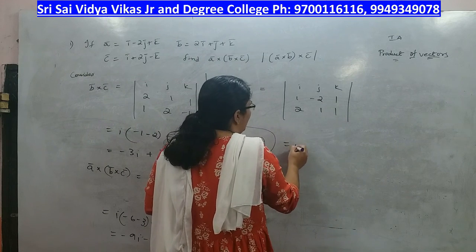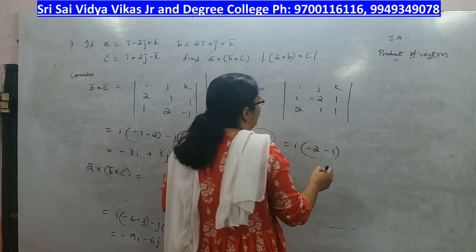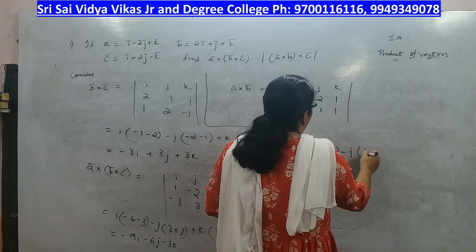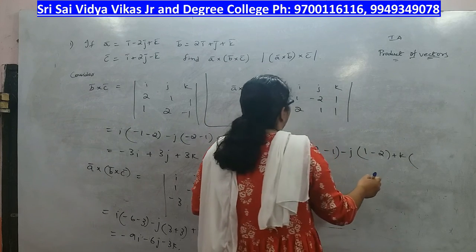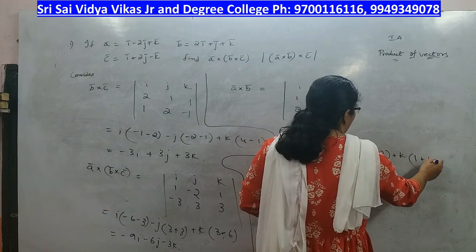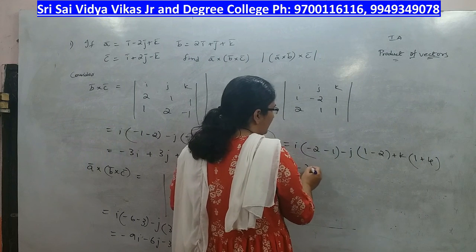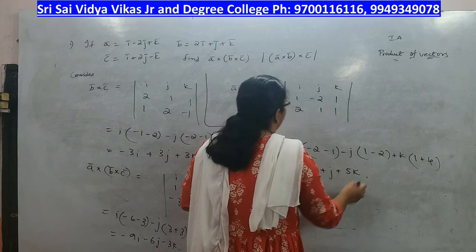So that is i into minus 2 minus 1, minus j into 1 minus 2, plus k into 1 plus 4. So that is nothing but minus 3i plus j plus 5k.